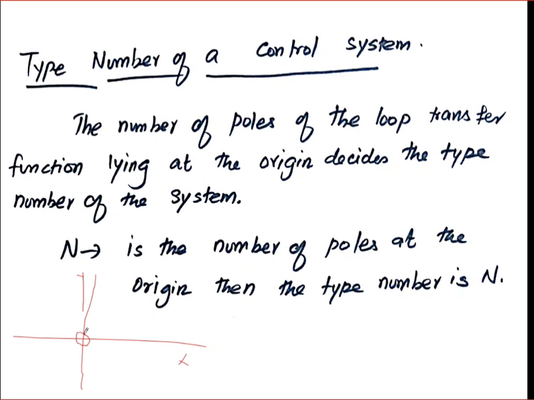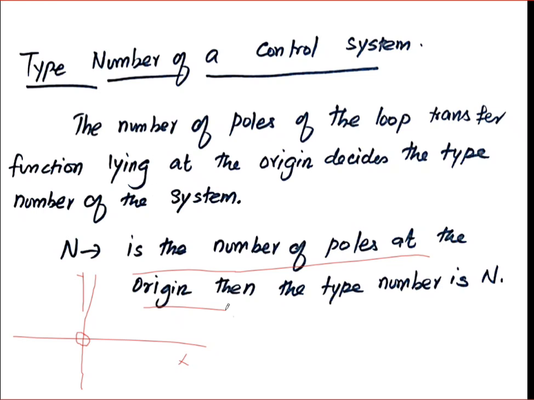For example, if there is no pole at the origin, then the type number is equal to 0. If you have one pole, it is type 1. Two poles, type 2. Three poles, type 3. N poles, then the type number is n. So here n is the number of poles at the origin of the loop transfer function.